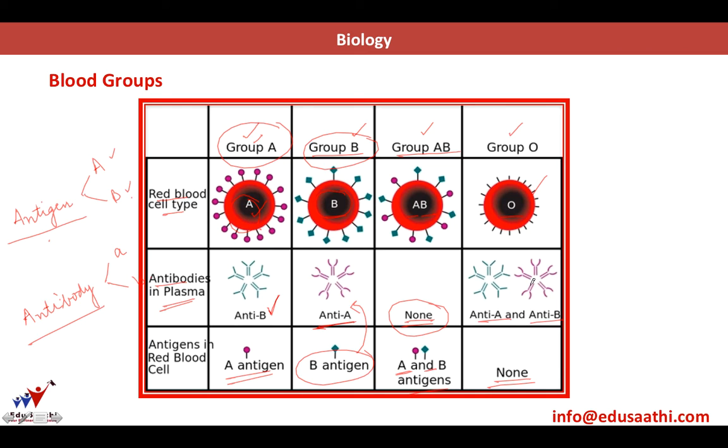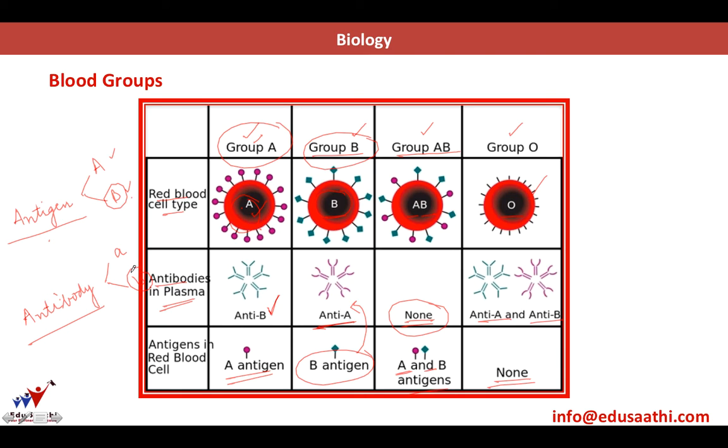You can just pause this video, look at this chart once again, so that there's no confusion about the different blood groups that we have. Okay. Now antigen A and antibody A cannot live together. Similarly, if you have antigen B and antibody B, they cannot live together. So if a transfusion of blood is done wrongly, then the blood gets sticky.